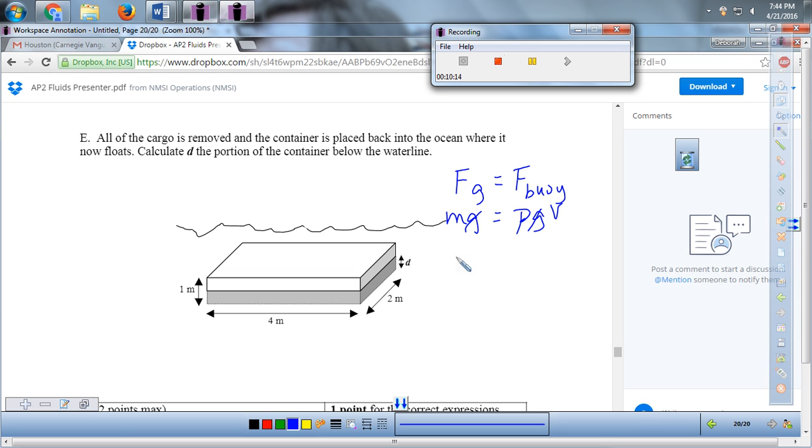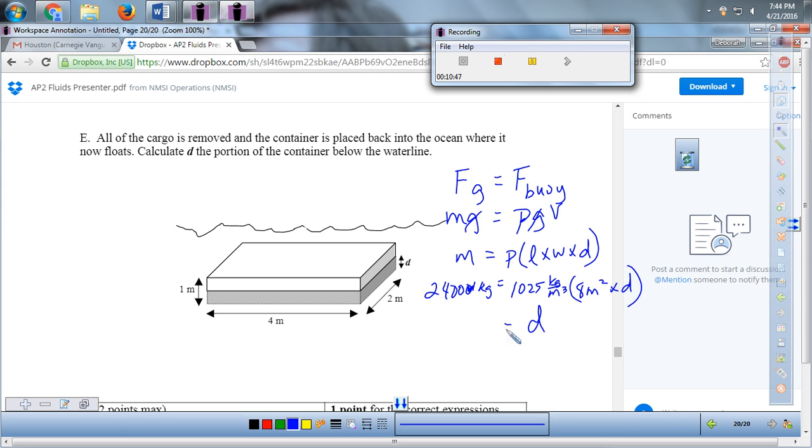So the m is going to be equal to rho times the volume, which is length times width times the D that we're looking for, the height. So the mass of the container is only 2,400 kilograms. Rho is 1025 kilograms per meter cubed. And length times width, that's 8 meters squared, times whatever D is. So I solve for D, and I got D to be 0.29 meters.